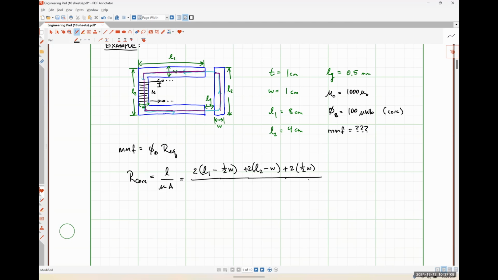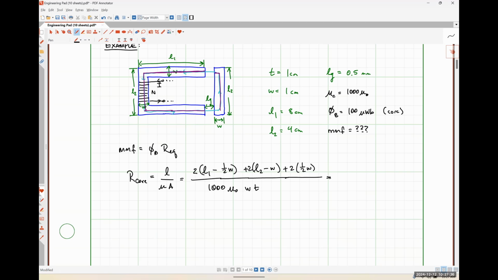What's the permeability of our core? Mu C, which is just 1,000 mu naught. So I'm going to write it as 1,000 mu naught. And what is the cross-sectional area of our core? The width times the thickness, which is just going to be 1 square centimeter. Absolutely right. I'm just going to write it as WT for now.